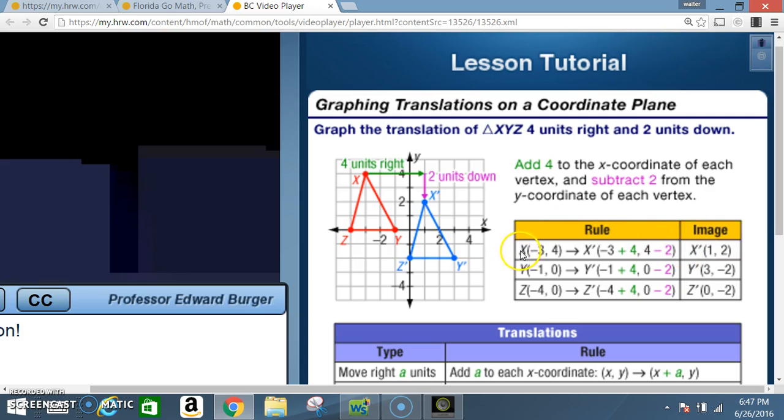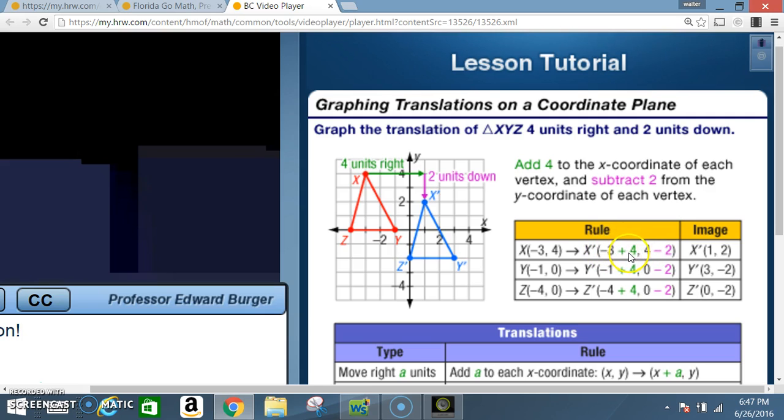The original x coordinate was at -3 and 4. What the rule says for the new one, x prime, is you take -3 and you add 4 to it. So to every x value, you add 4. To every y value, you subtract 2. And then you do the basic math.